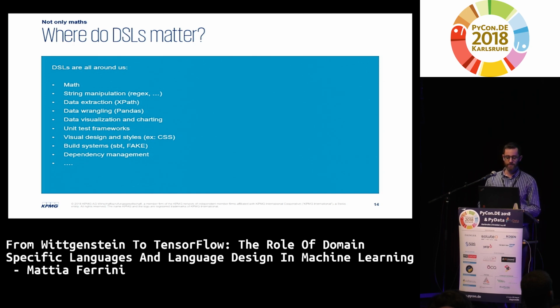Where do domain-specific languages matter? They matter pretty much everywhere, from math to string manipulation, data extraction, data wrangling, data visualization, unit testing libraries, visual design and styles, build systems, dependency management, everywhere.